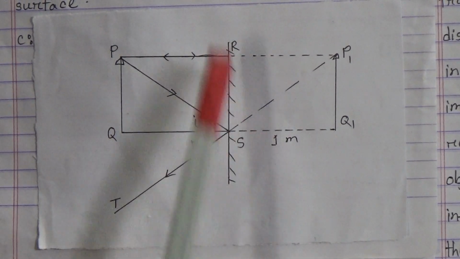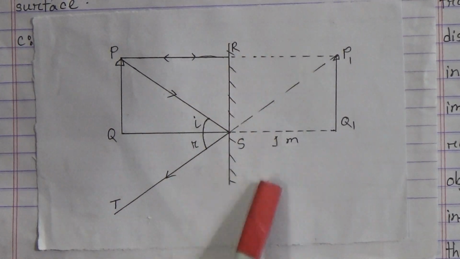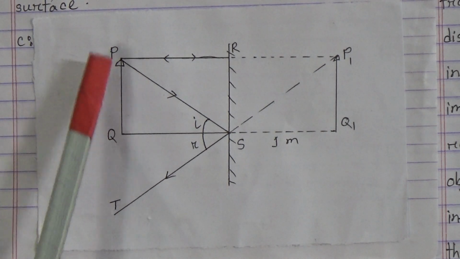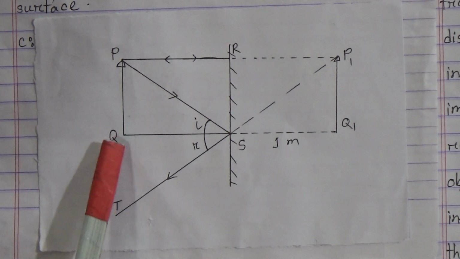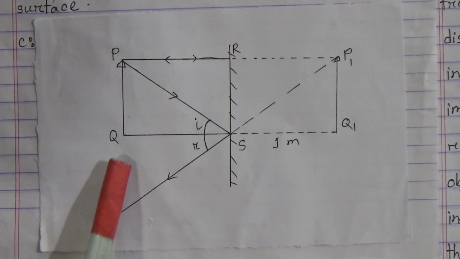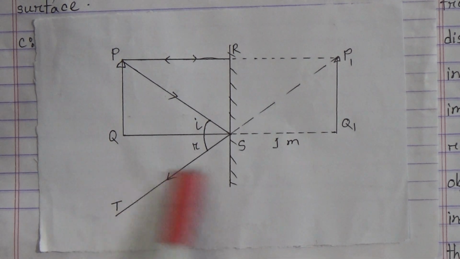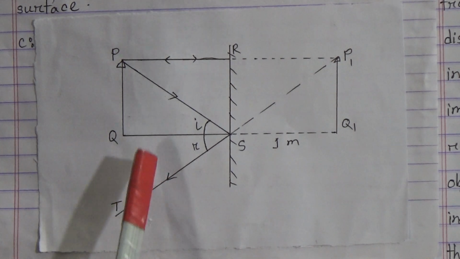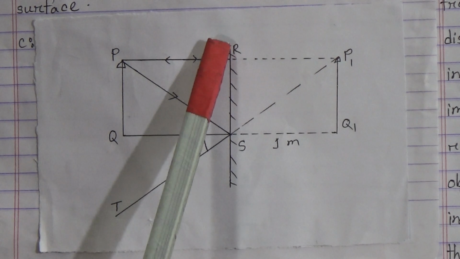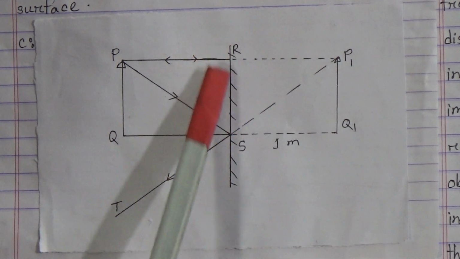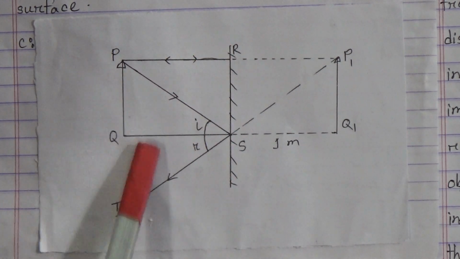RS is the mirror and this PQ is the object. We have to draw the image of this object, and that's why at first you have to draw this mirror RS. Here RS is the mirror and PQ is the object.